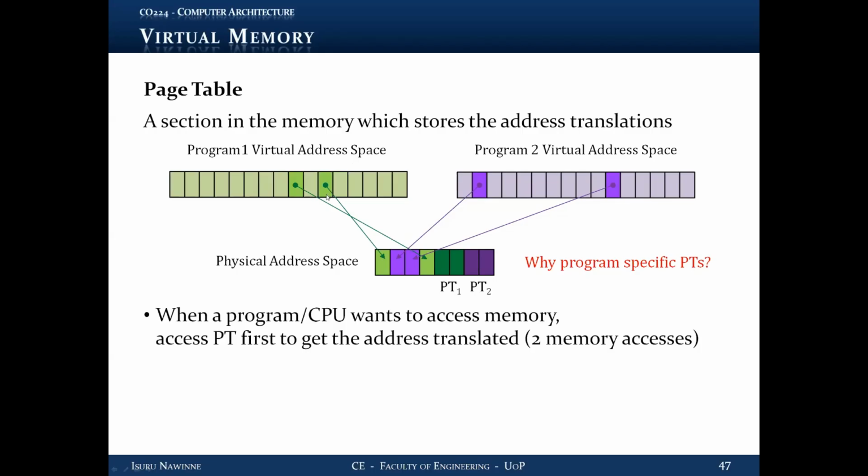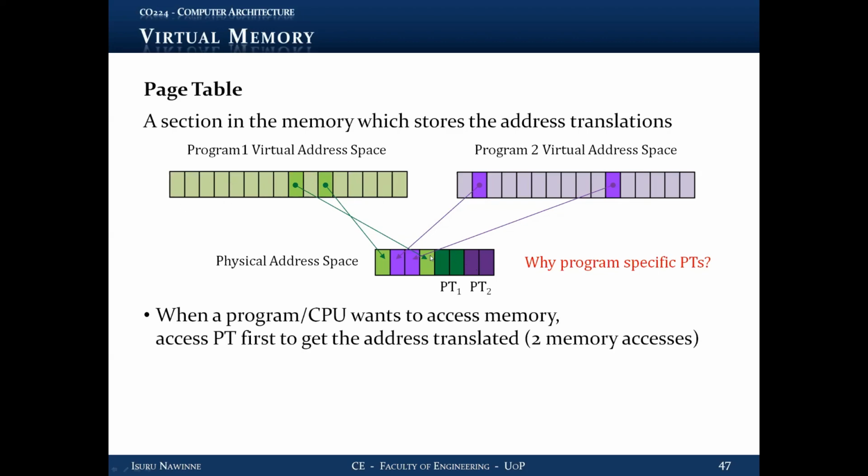So first, you need to access the page table, the corresponding page table for program one, and find the corresponding entry to this virtual page number in that page table, which can be directly accessed because you have one entry in the page table per virtual page.